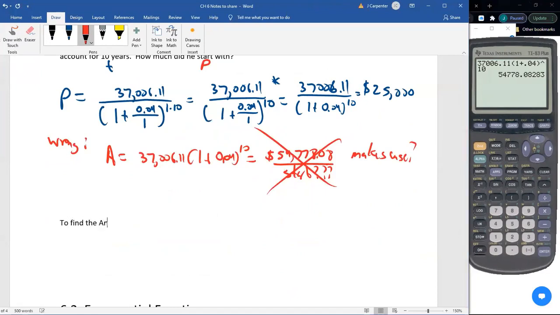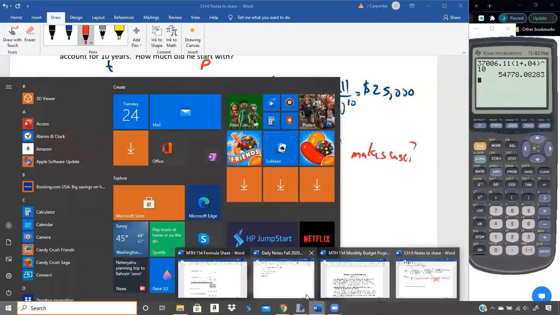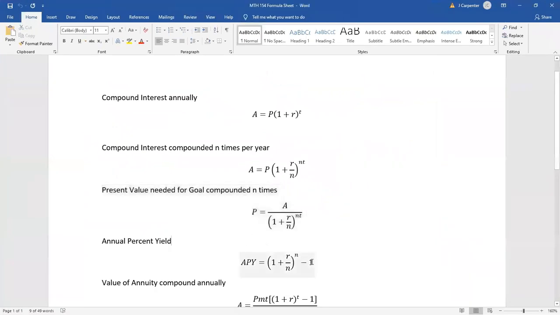Find the annual percent yield, something we haven't talked about since the first couple weeks of class, given an annual percent rate. This formula, I'm going to go back to the formula sheet just to copy paste it so I don't have to take an hour for that. It's right here.